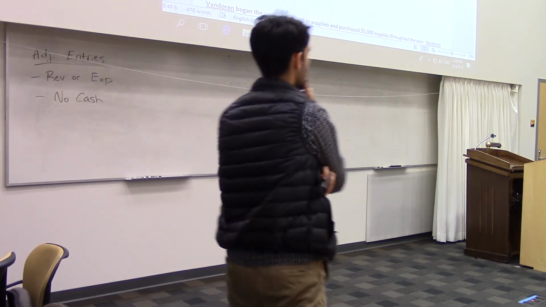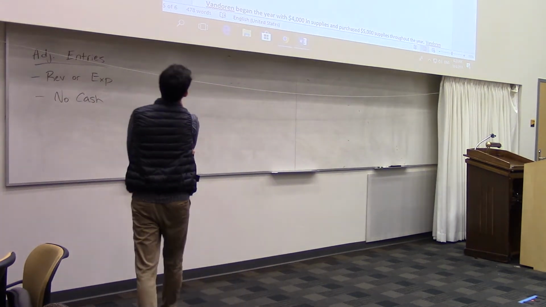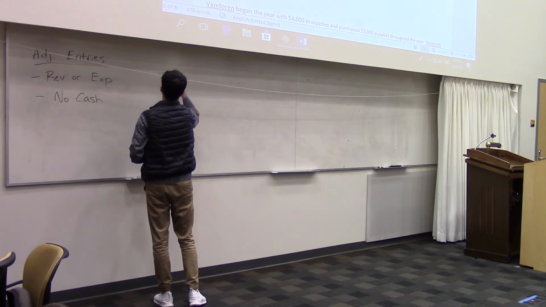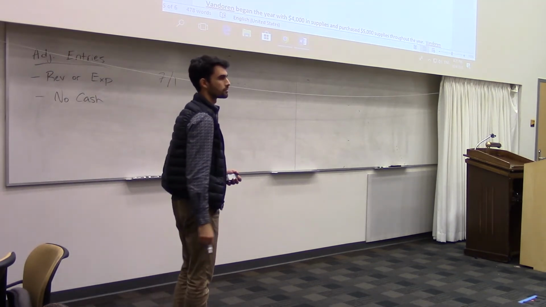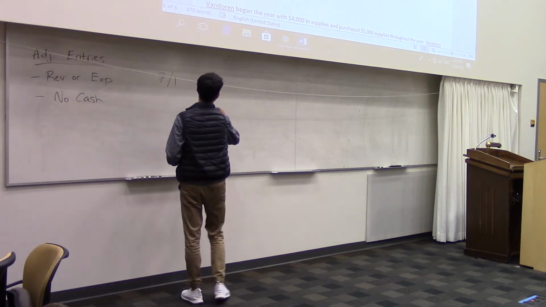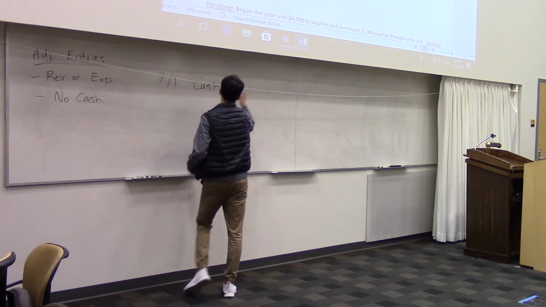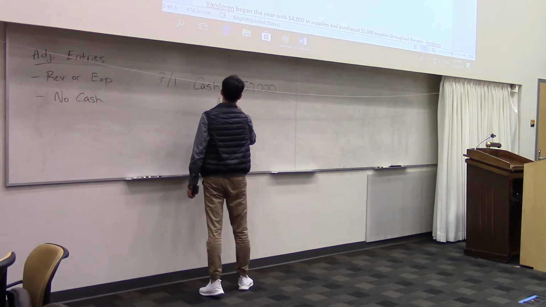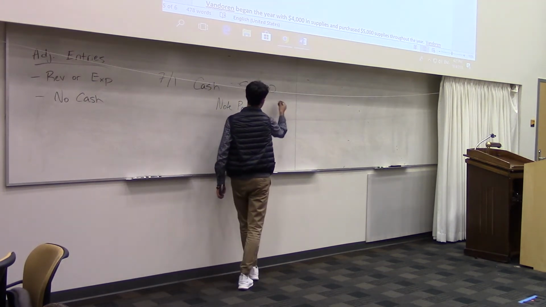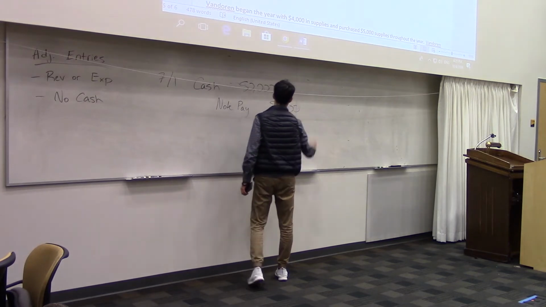They did. Okay, yeah, that's how I like to do it. So on 7/1, what was my original entry? We're getting cash for $50,000, and then we've got a note payable for $50,000. Perfect.